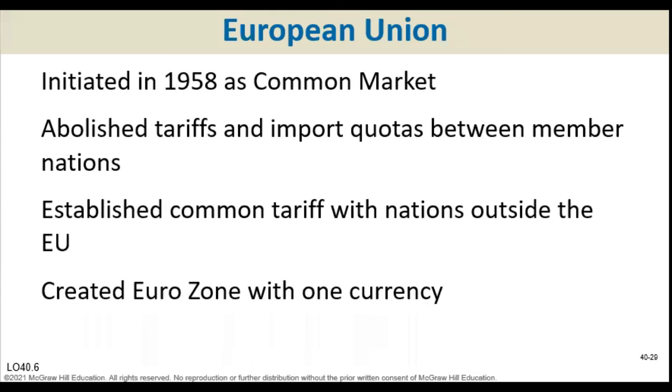In addition to eliminating mostly all tariffs and quotas between member nations, it has also liberalized the movement of capital and labor within the European Union.